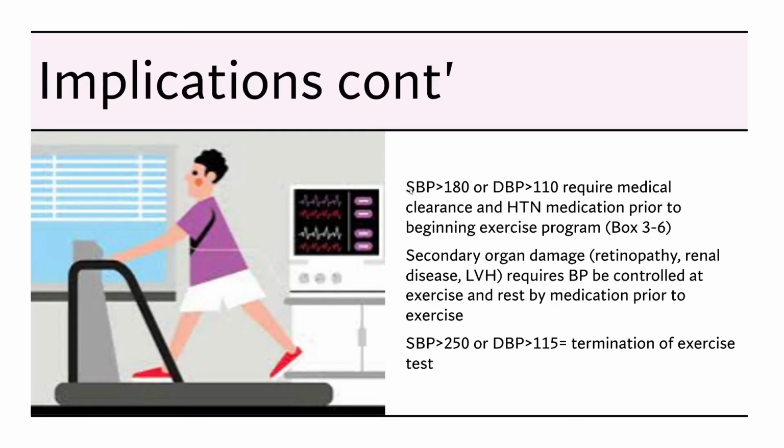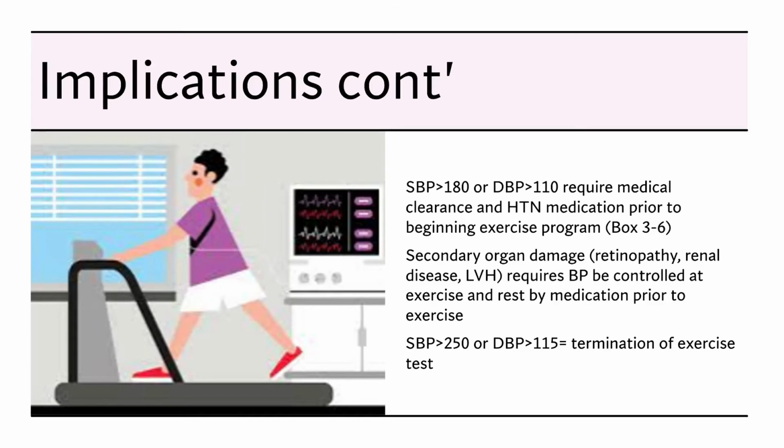If systolic blood pressure is over 180 or diastolic is over 110, you need clearance from a physician, and they need to have hypertension medication added to the regimen before you begin exercise, or they need to be on hypertensive medication before exercise. If there's any secondary organ damage, like retinopathy, renal disease, I'll just read you the full list.